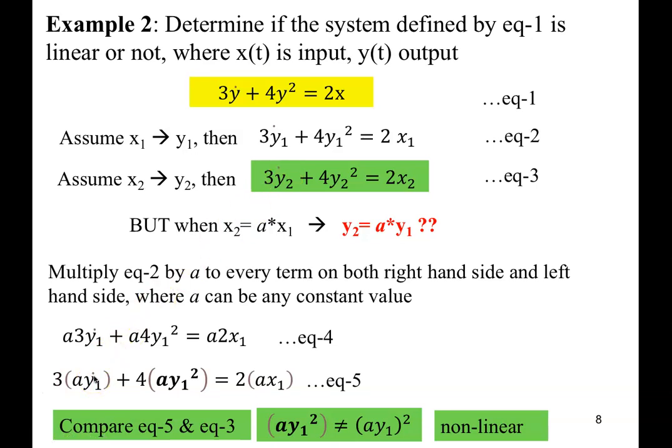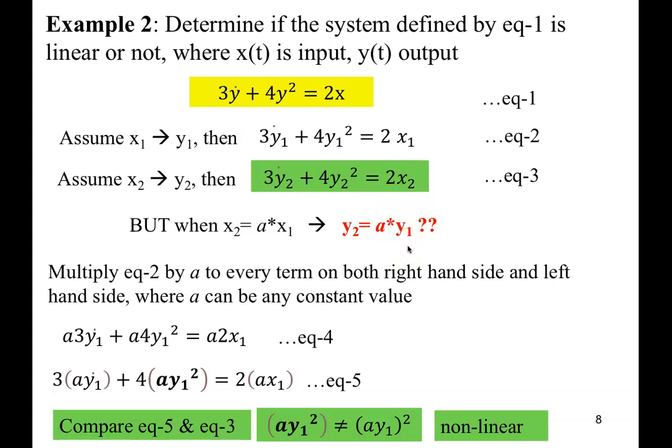The problem comes with the second term on the left. In equation number 3, I have 4 times y2 square. In equation number 5, I have 4 times bracket a y1 square. Now, a y1 square is not the same as a y1 bracket square, because if y2 equals a times y1, then y2 square needs to be a bracket times y1 square.